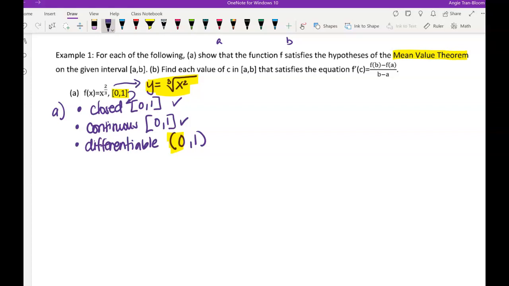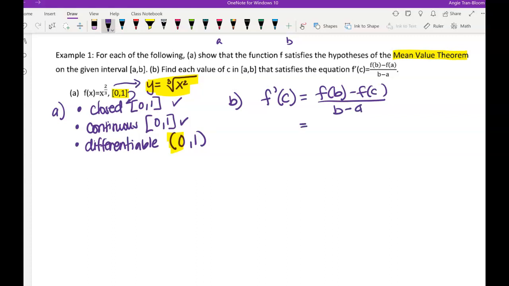Now, part B said, if it satisfies the mean value theorem, then find the value of c. So we want to find all c's in between a and b that will meet this. This equation means the derivative at c should be the same as your algebra 1 slope that runs through a to b.